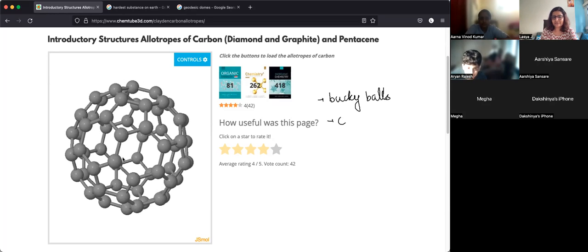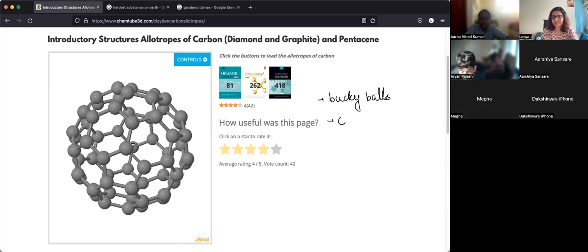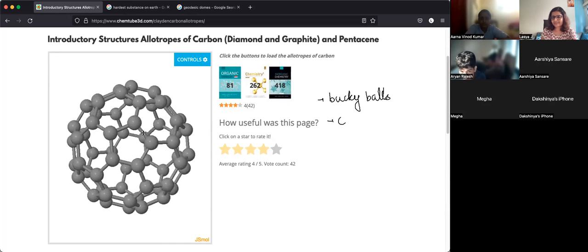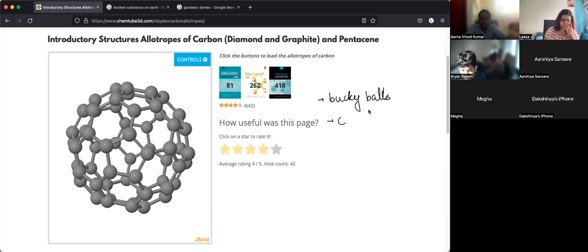Every pentagon is surrounded by hexagons that way. Okay. So that's the reason it's called buckyballs, very similar to what your football looks like. The first one that was identified had 60 atoms, like each of these balls is made of 60 atoms of carbon. So it's also called C60.